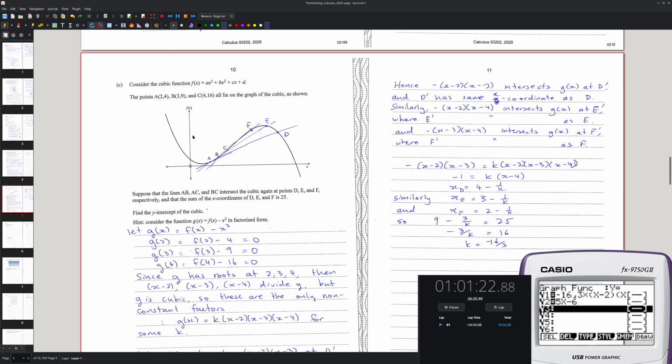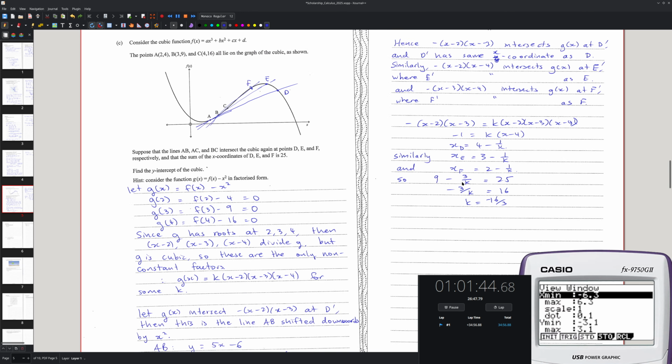AC would be 6x minus 8, and then BC would be 7x minus 21, plus 9 minus 21. Okay, so everything interesting happens pretty close. So I want to go from minus 1 to 10 maybe, and minus 10 to 60.